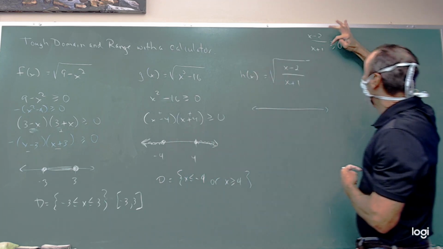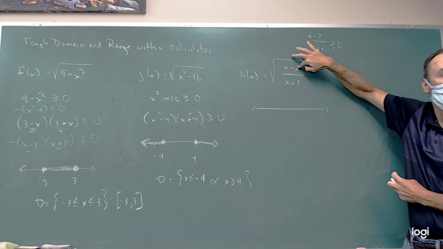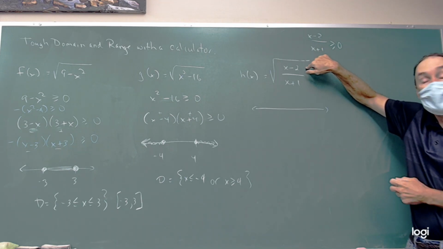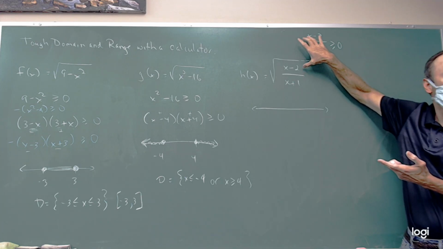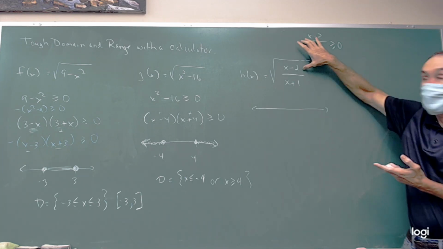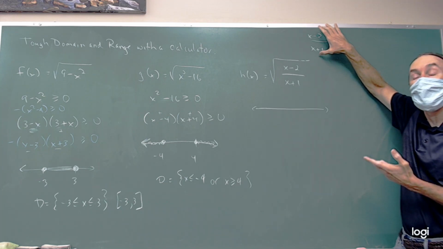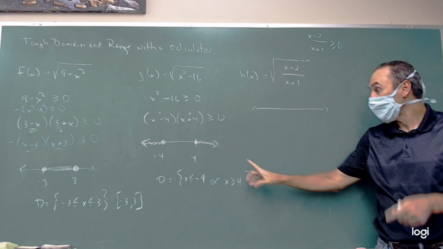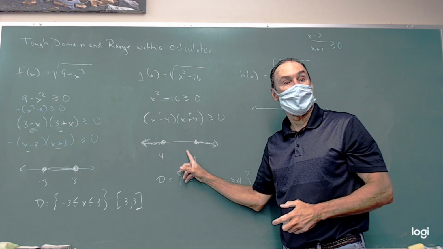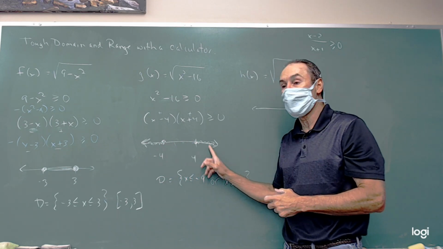Well, now remember, this is going to be undefined when the denominator is 0. A place where it is undefined is also a place where it could change from positive to negative or negative to positive. So we want to know where is this equal to 0 and also where is it undefined. Those are going to be our boundary points. Those are going to be our gates where it could change on either side. It doesn't have to, but it could change on either side of those.